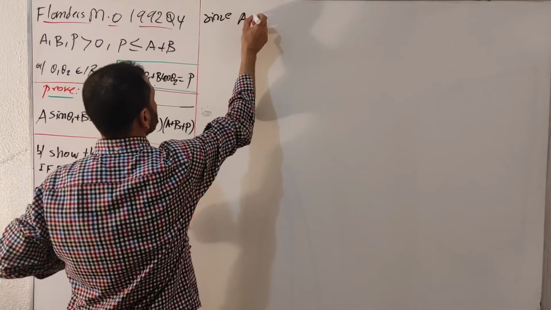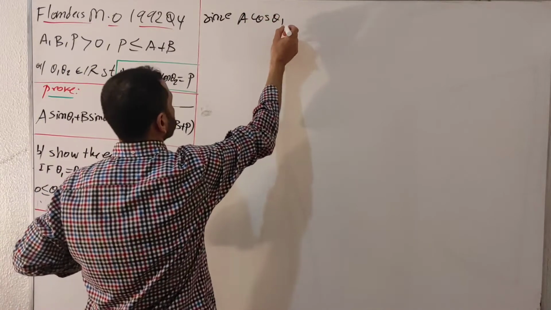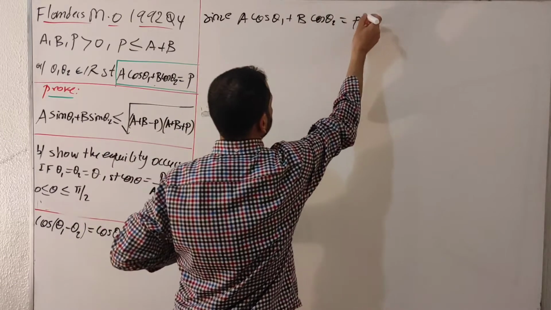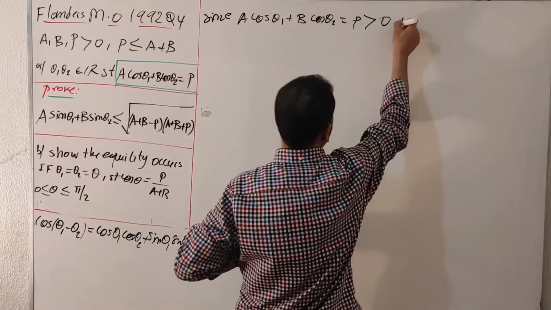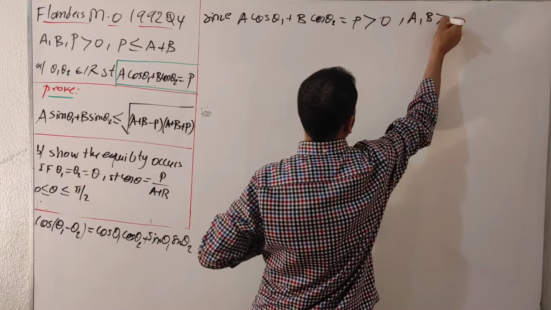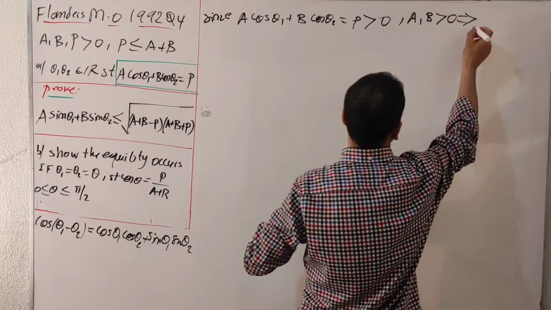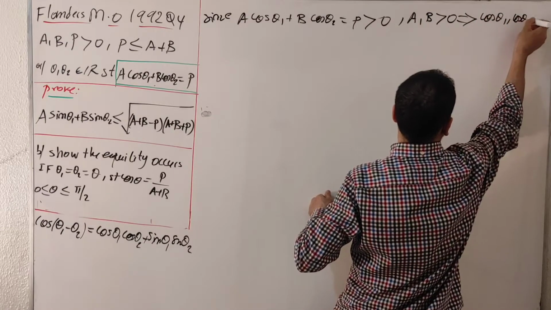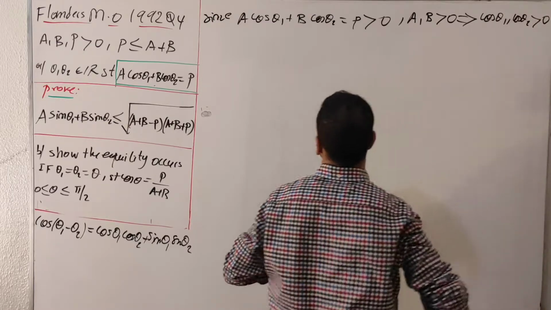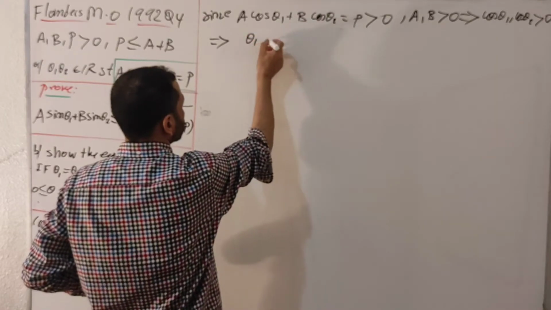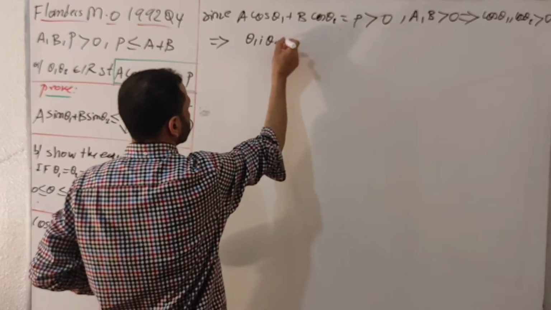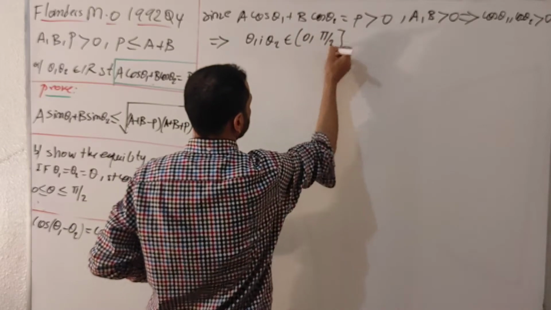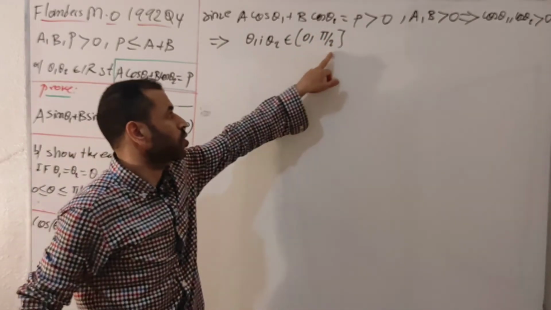Since A multiplied by cosine theta 1 plus B multiplied by cosine theta 2 equals P, which is strictly greater than 0, and capital A and capital B are strictly greater than 0, this tells us cosine theta 1 and cosine theta 2 are strictly greater than 0 as well. So theta 1 and theta 2 are in this range: 0 is not included but pi over 2 is included.